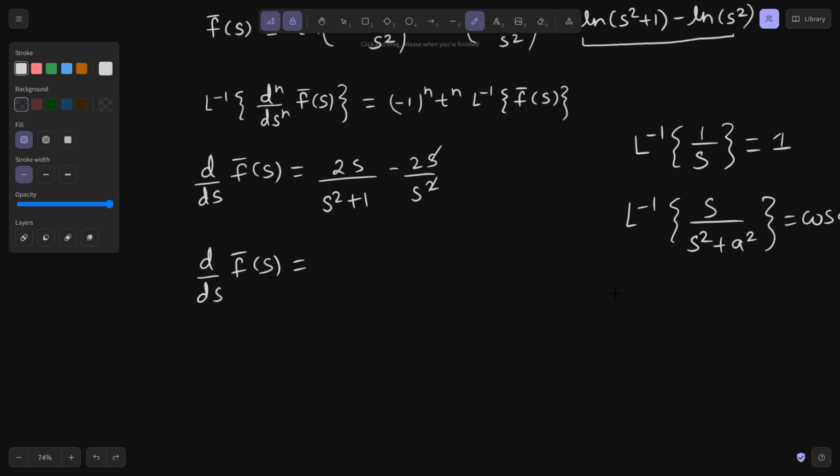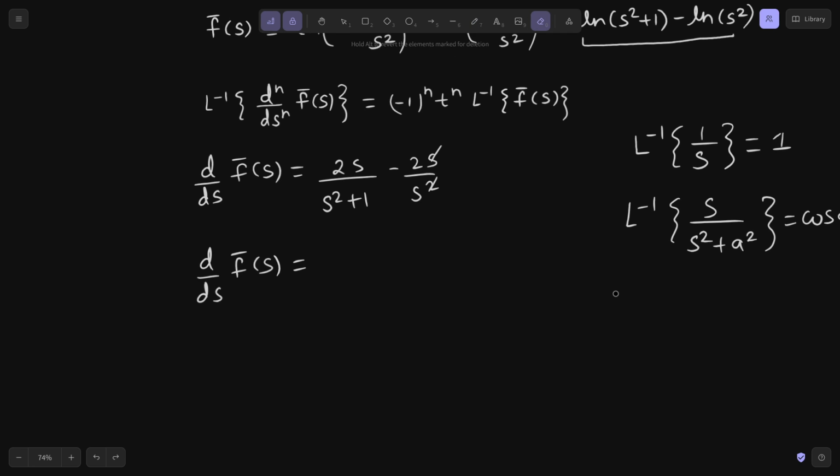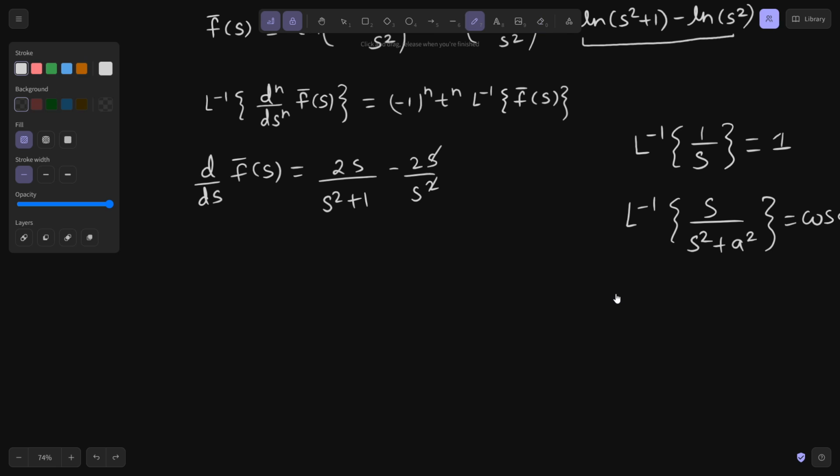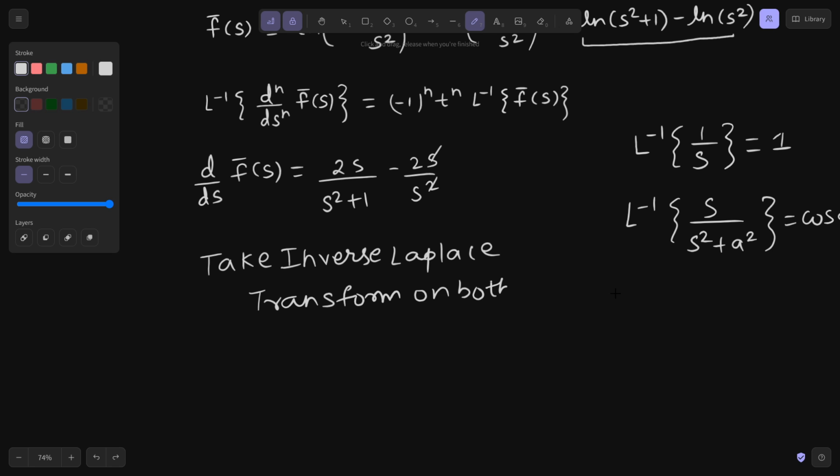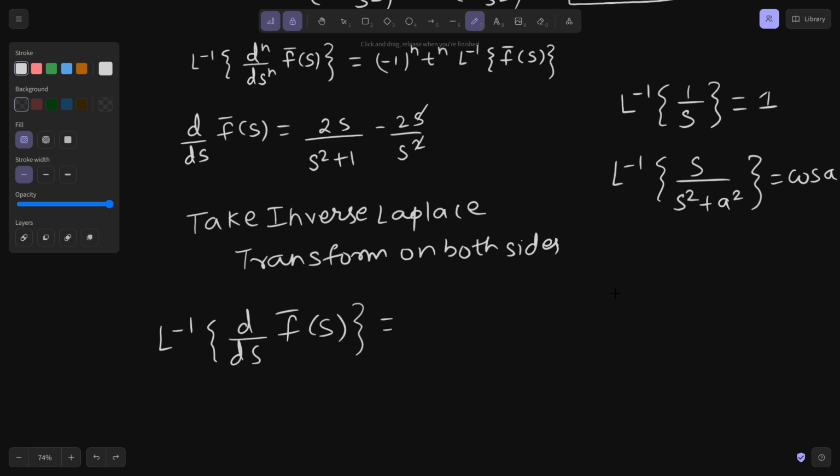Okay, so in the previous step, if we take the inverse Laplace transform on both sides, then on the left hand side I will get the Laplace inverse of the derivative of f bar(s), and on the right hand side I will simply get 2 times the Laplace inverse of s/(s² + 1²) minus 2 times the Laplace inverse of 1/s.